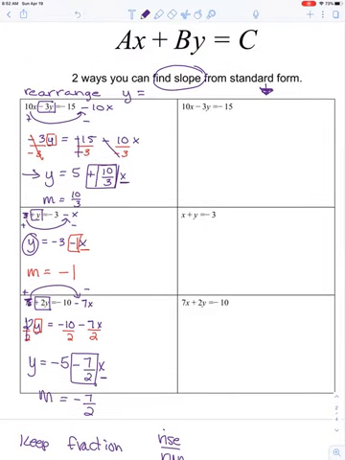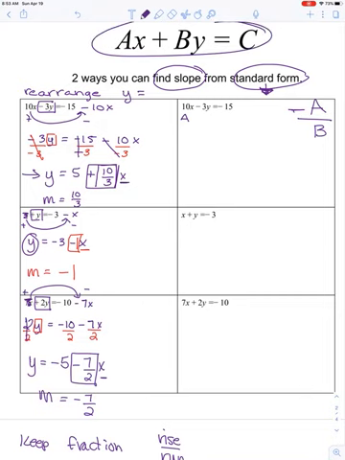Now, in standard form, you can actually find the slope just looking at it. It's the opposite of A over B. So standard form, this is A, this is B, this is C. And remember, this means opposite.